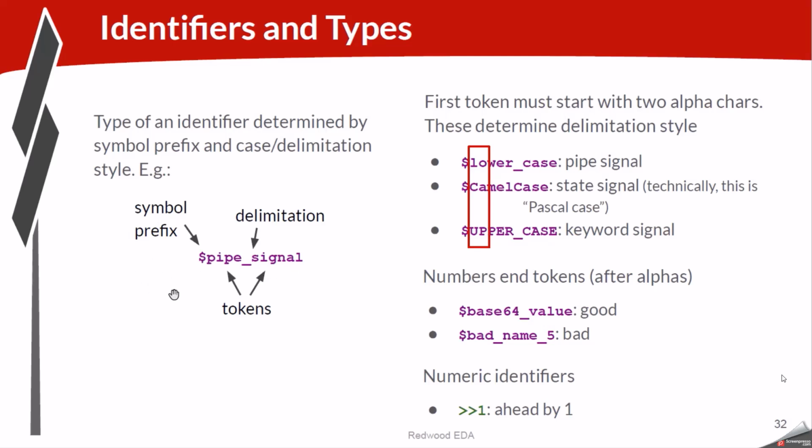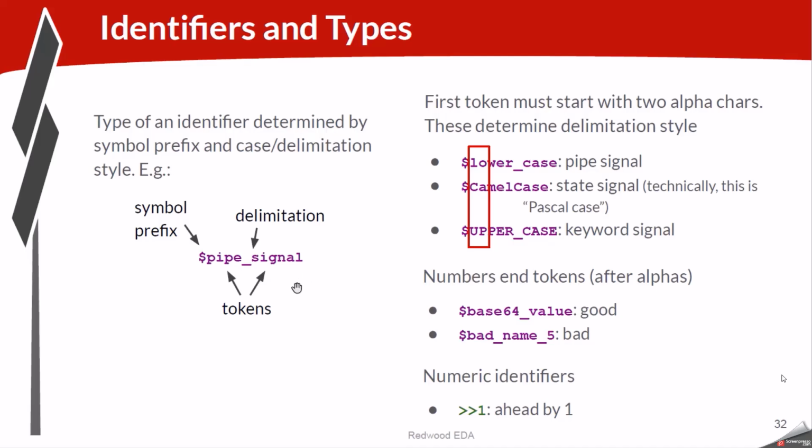A pipe signal starts, as every identifier does, with a symbol prefix, in this case a $ sign, and then it's comprised of tokens, pipe and signal, and those tokens are delimited, in this case by an underscore.